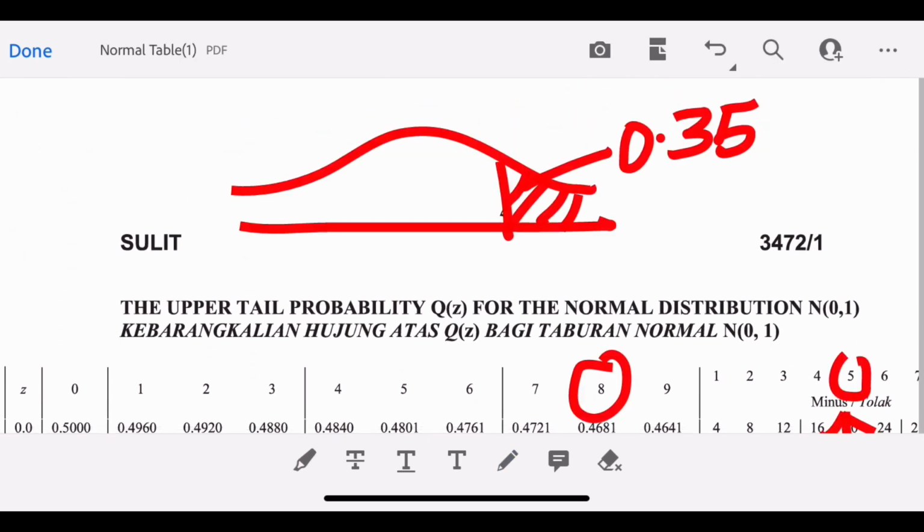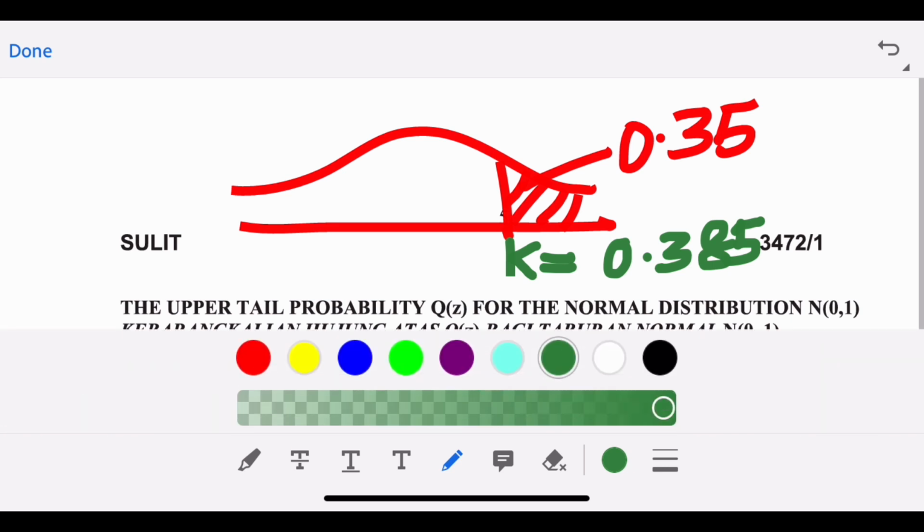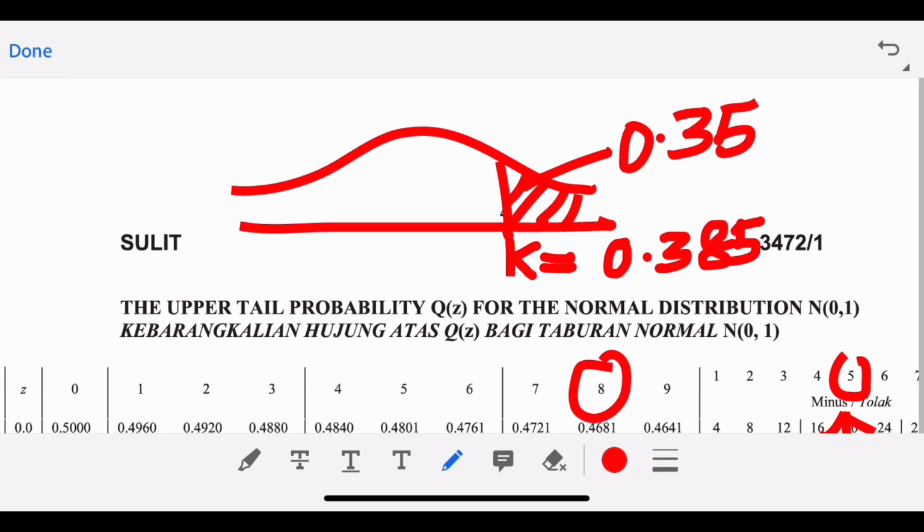So if you want to label the z-score there, it's positive 0.385. That is how we use the Buku sifir to find the z-score if given the area of the bell shape. Remember that you need to be aware whether the question is asking for probability or z-score.